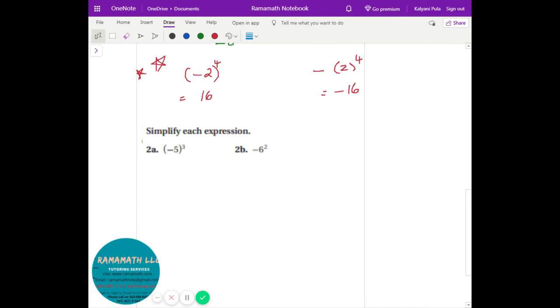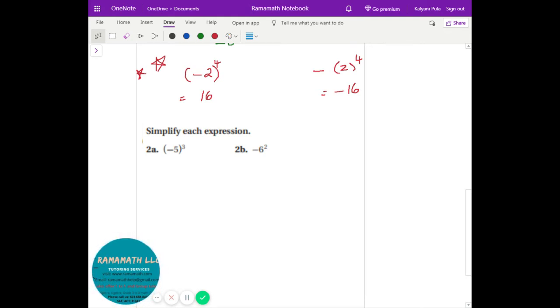Negative 6 to the second exponent. What do you see? Wait, why is it negative 36? There you go, that's a good question.